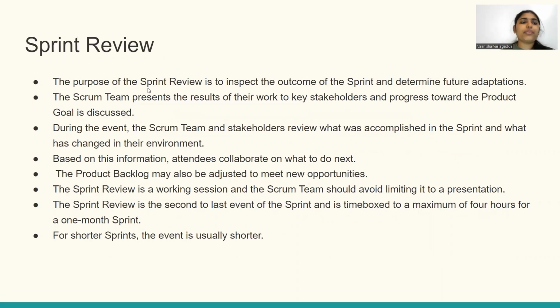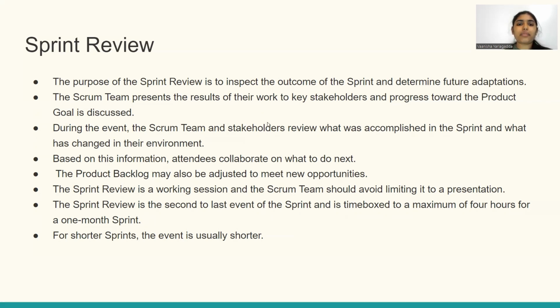So, sprint review. The purpose of the sprint review is to inspect the outcome of the sprint and determine the future adaptations, like what work can be done to improve our project and give the deliverables in time to the customer. It presents the results of their work to the key stakeholders, and takes the inputs of the customers and improves the project.